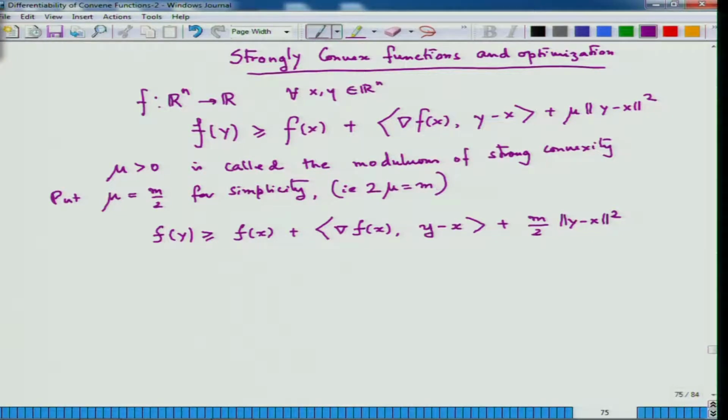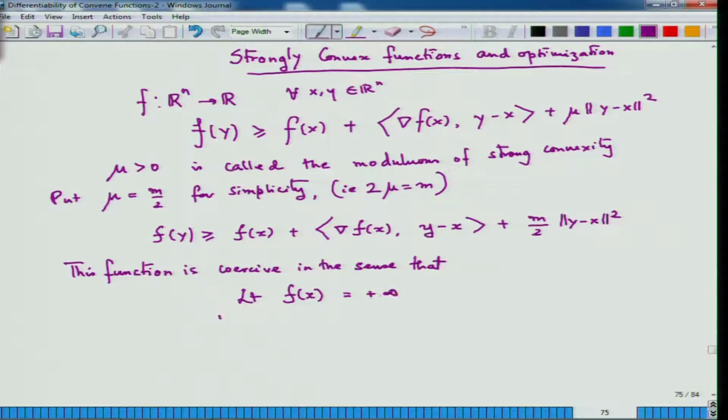So, now this function is coercive, a thing which you have already heard before, in the sense that the limit of f(x) is equal to plus infinity as the norm of x goes to plus infinity.